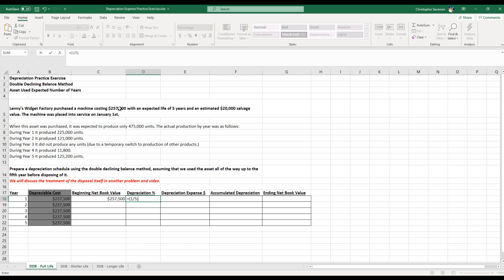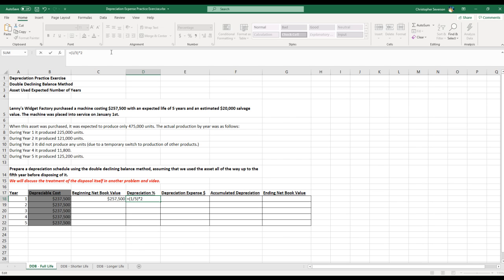We're trying to figure out what percentage of this asset do we depreciate every year. For straight line, it would have been 20%, and it would be 20% every single year, so that over 5 years we get 100%. But for the double declining balance method, we're going to take that rate and we're going to double it.